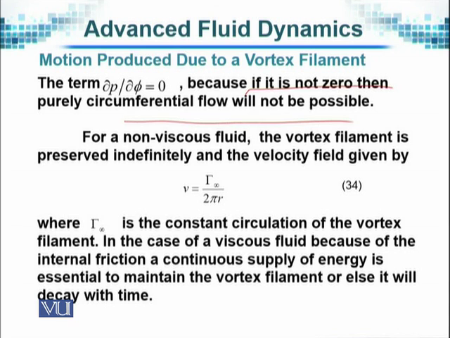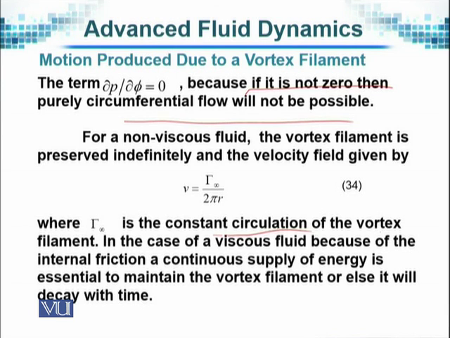For a non-viscous fluid, the vortex filament is preserved indefinitely, and the velocity field is given by v equal to capital gamma divided by 2 pi r, where gamma is the constant circulation of the vortex filament.